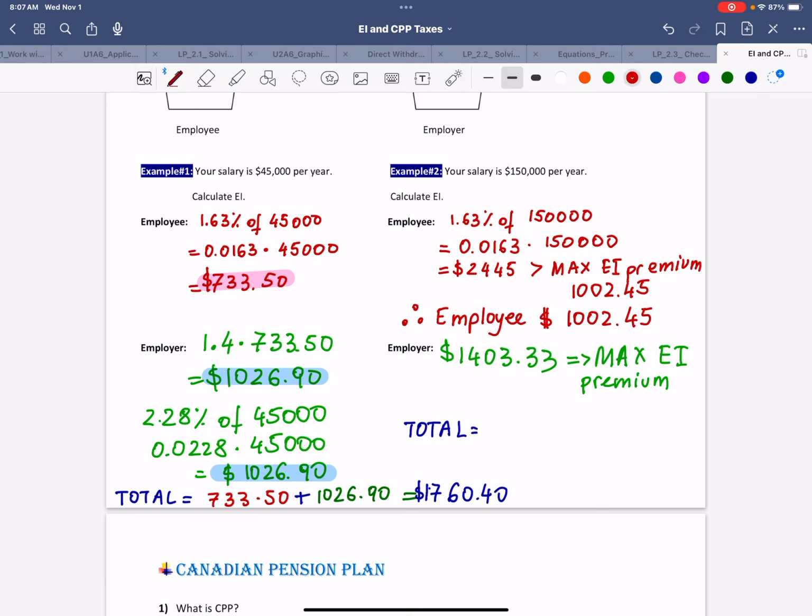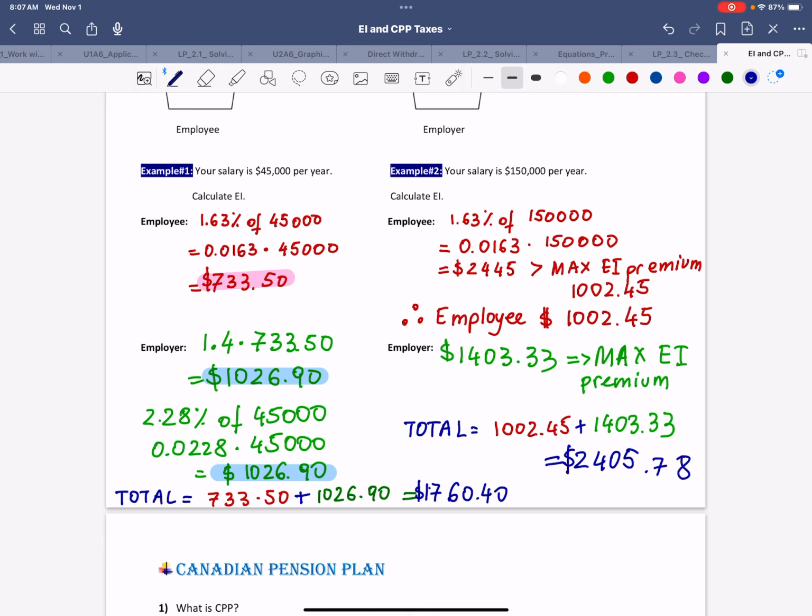from this paycheck will be deducted $1,002.45 from the employee and $1,403.33 from the employer, and that will amount to 1,002.45 plus 1,403.33, so $2,405.78.